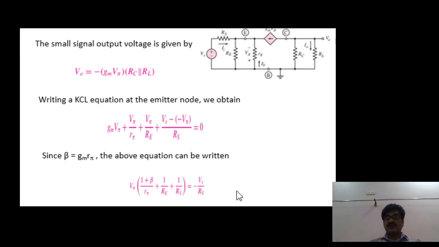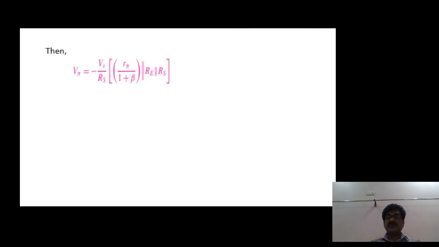With this, V pi equals minus Vs divided by Rs, and the resistive term from the right hand side I am shifting to the left, so that it becomes the parallel connection of Rs, Re and R pi divided by 1 plus beta. So this is the V pi.